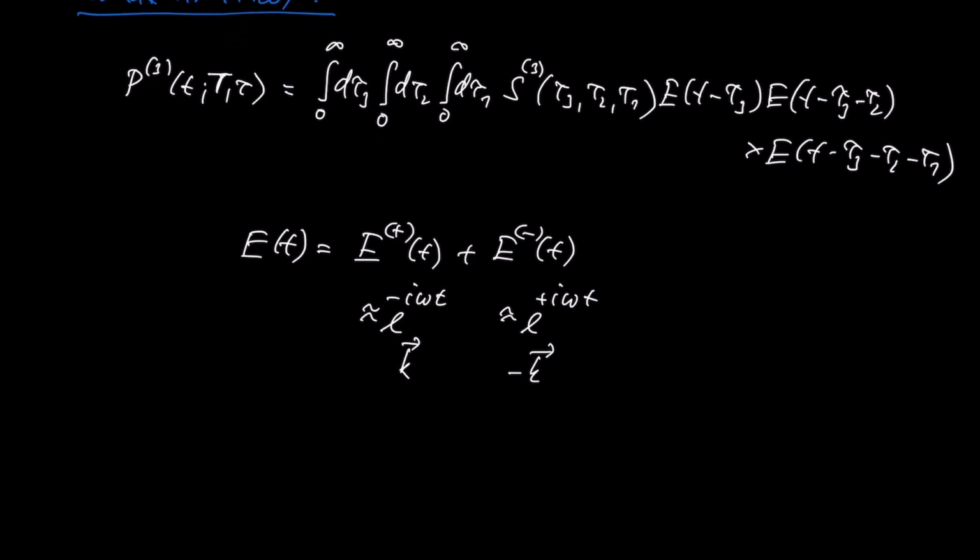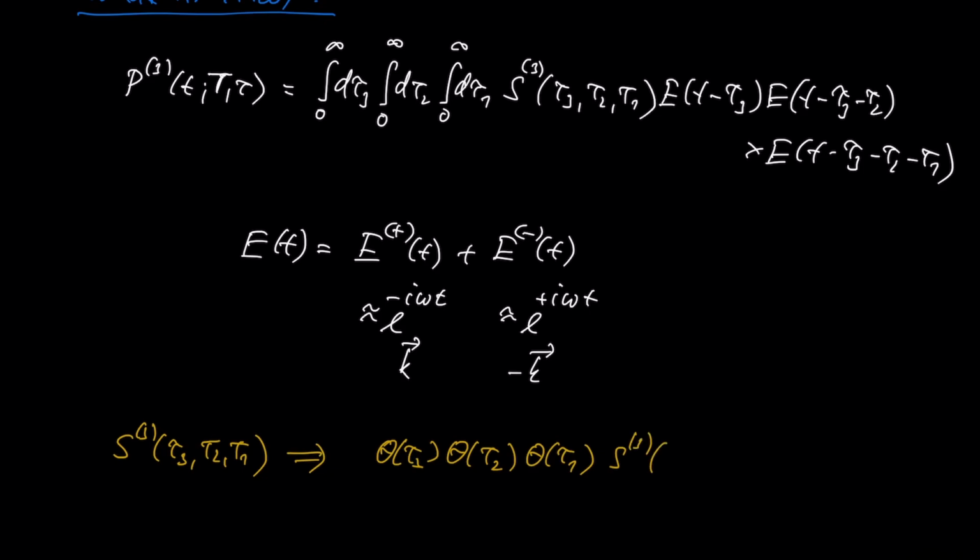Okay, we can also redefine the function, this will be quite helpful, so that we put Heaviside step functions in front of it. So our S3 from now on, as a function of these times, will always contain these step functions, so that it will be identically 0 if tau 1, 2, or 3 is less than 0.